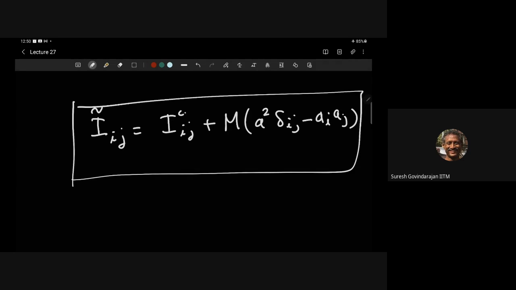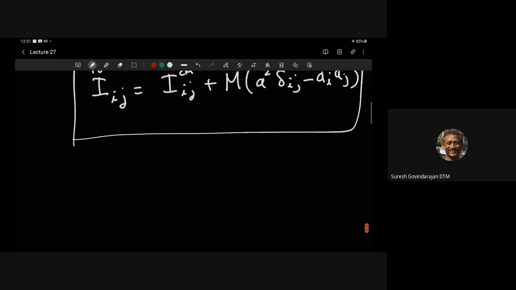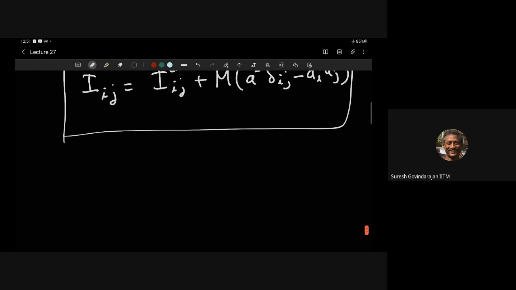Maybe we should remind ourselves that this is computed with respect to the center of mass. We can do several examples, but I will not do that. But I want to remind you of results you might know.